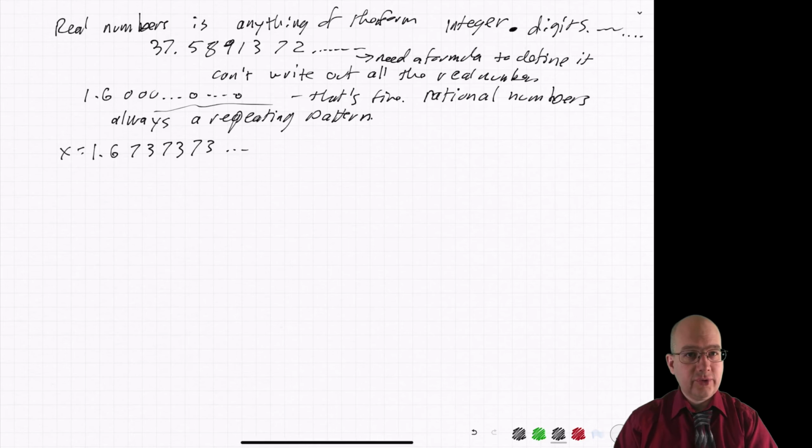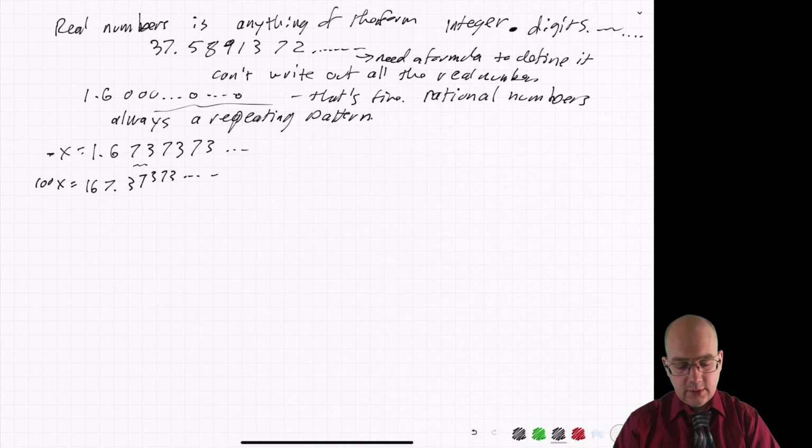Then if you shift it over by the period of the pattern, how long it takes to repeat. Here it repeats for 2 digits, so I'm going to compute 100x equals 167 point, and then you get a 3, and then 7, 3, 7, 3, right?